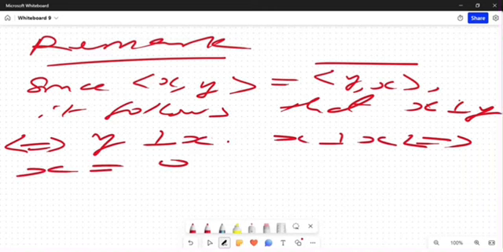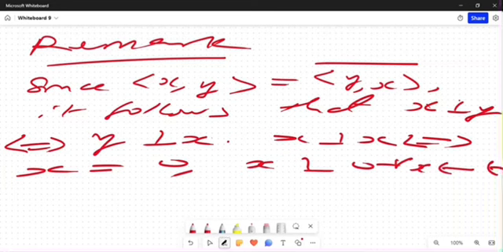And of course, x pap 0 for all x in E. So x is pap to 0 for every x, and not only that, x is pap to itself if and only if x is a 0 vector. So those are the remarks.